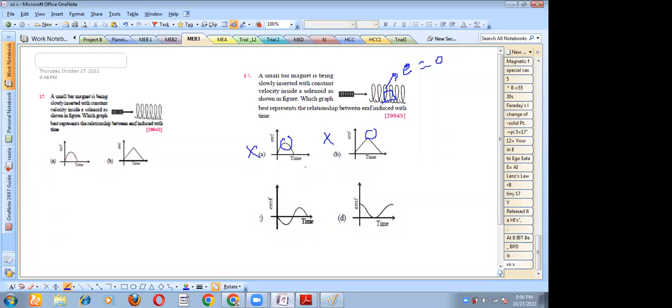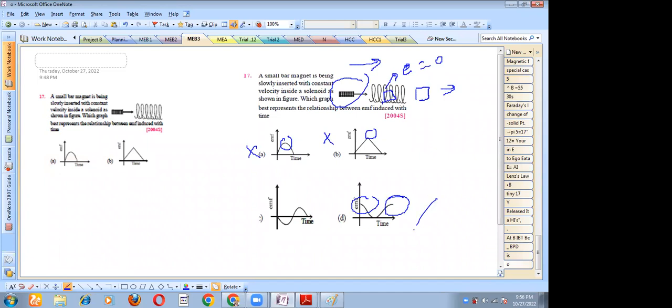Now the remaining options are C and D. So we can predict that during the inward motion and during the outward motion, EMF must be in opposite directions, since in the first case it is approaching the solenoid, and in the last case it is receding from the solenoid. So obviously EMF should be in the opposite direction. So if you see option D, EMF is in the same direction, right?